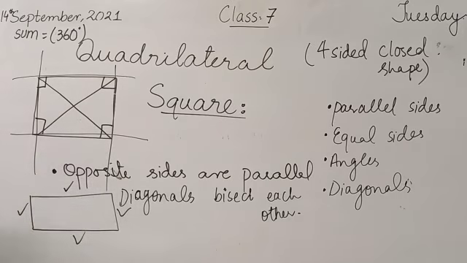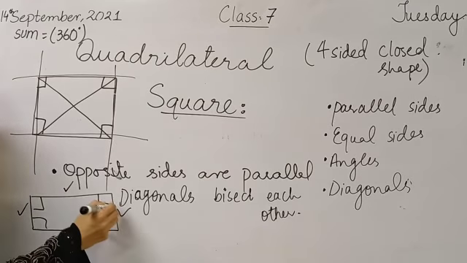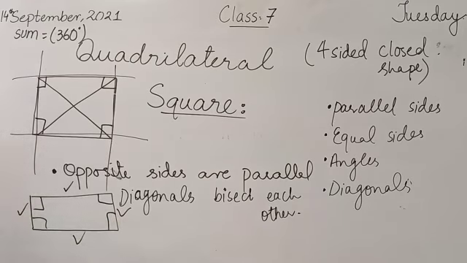Next, what about angles? All four angles are right angles. So this is another similarity you find between square and rectangle.